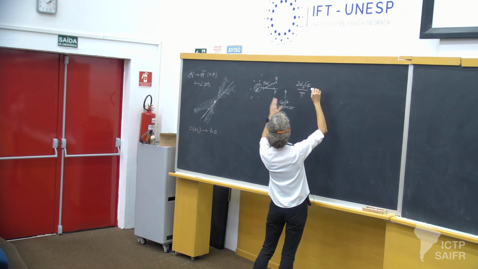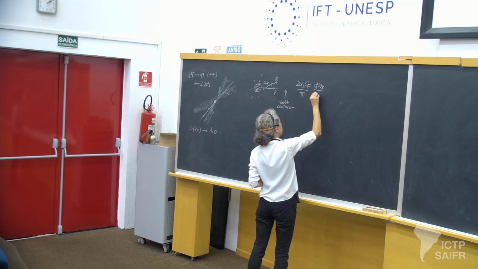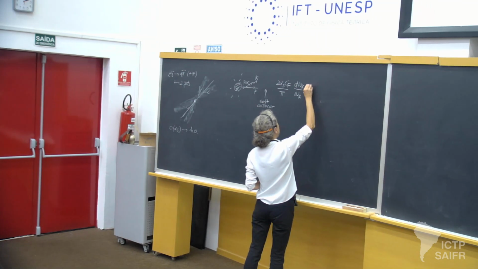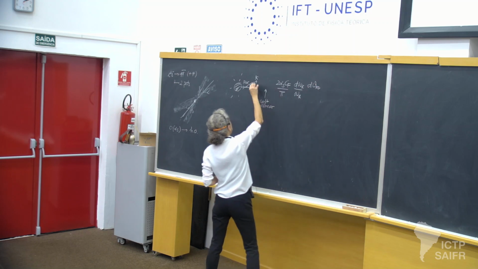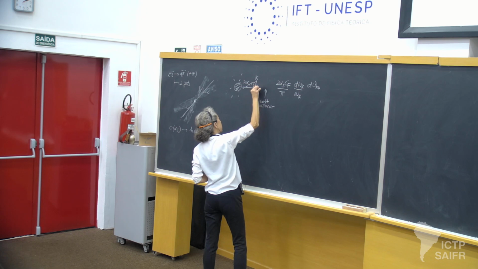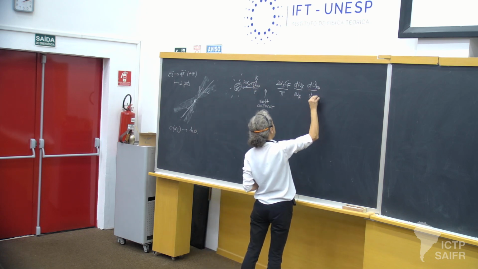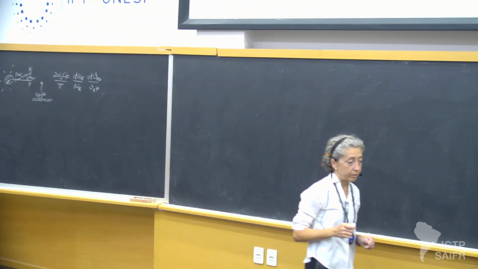And if I write it in a differential way, this was d omega_k over omega_k, where I remind you that omega_k was the energy of the k coming out. And, sorry, d theta_kp, if you want to call it, this angle here, over theta_kp. This is the factor that we calculated together yesterday.